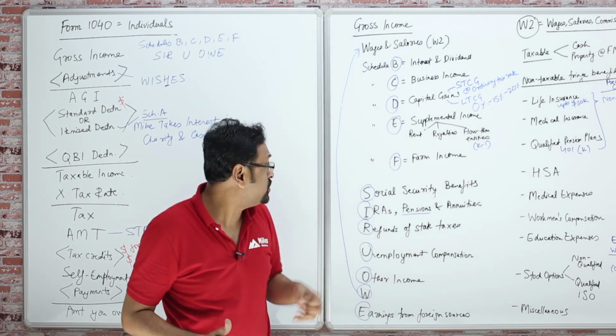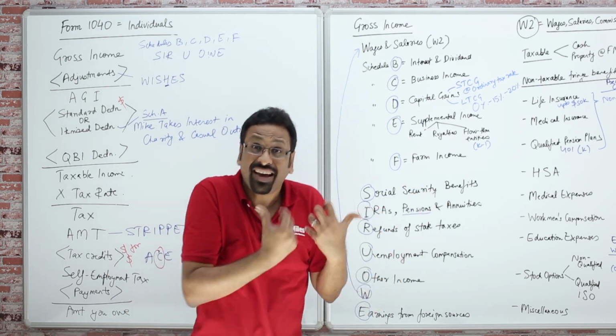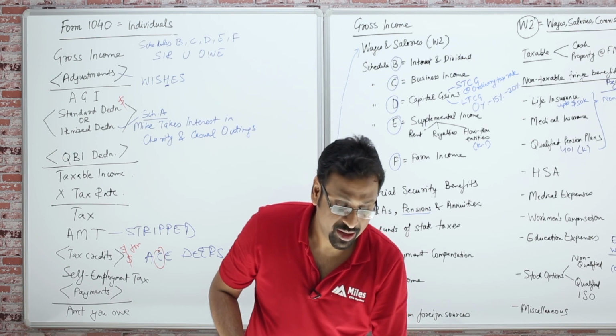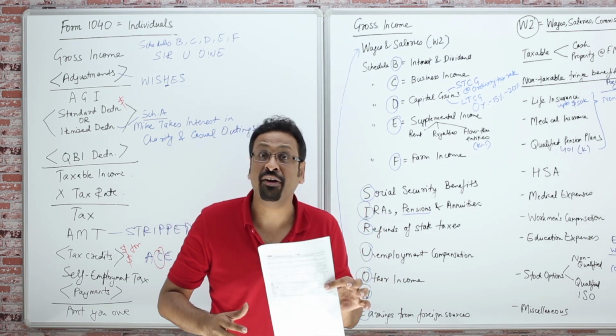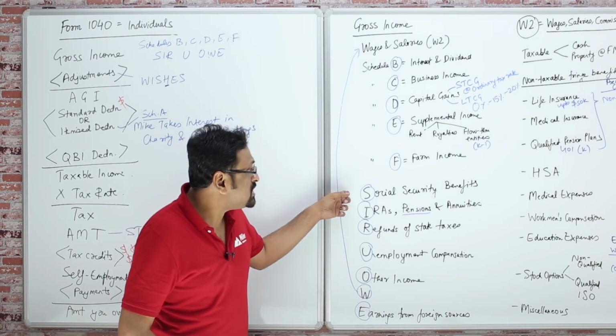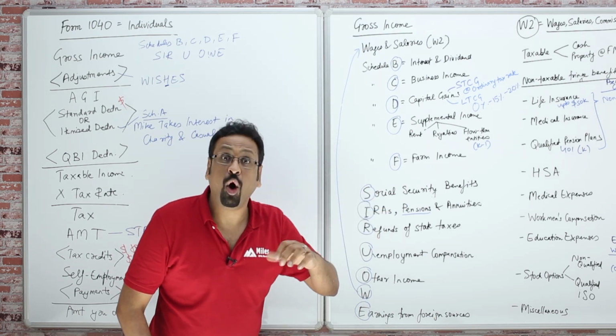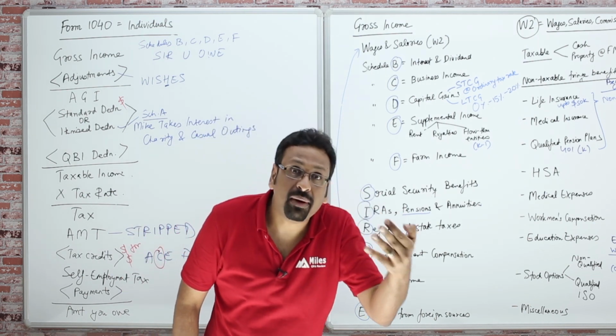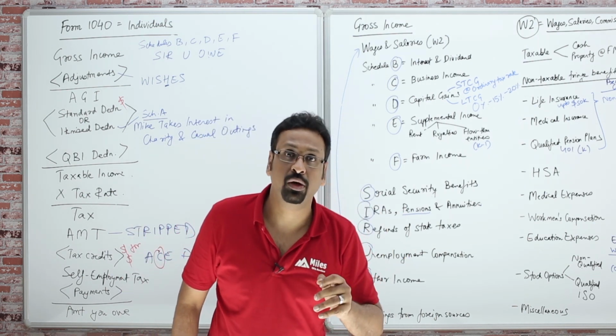So for the retired folks, social security benefits is income, which may be taxable on their 1040. Whether the social security benefits are taxable or non-taxable depends on the income levels of the retired individual.